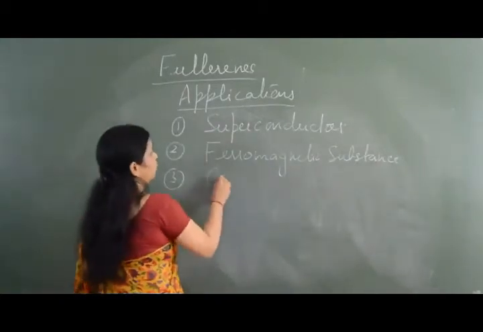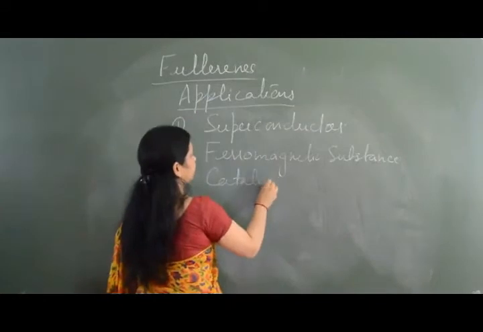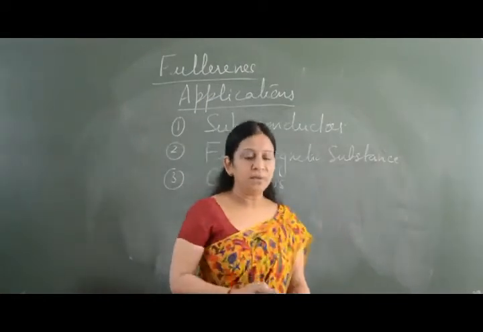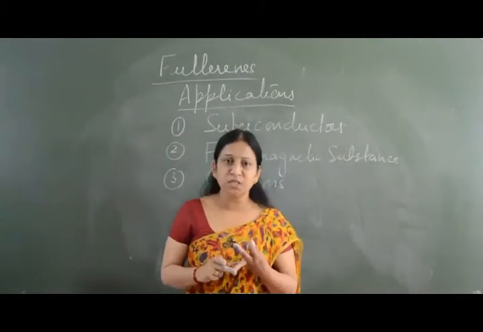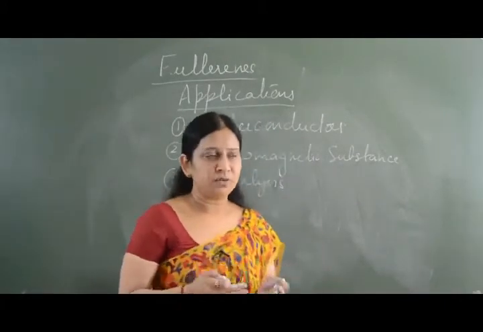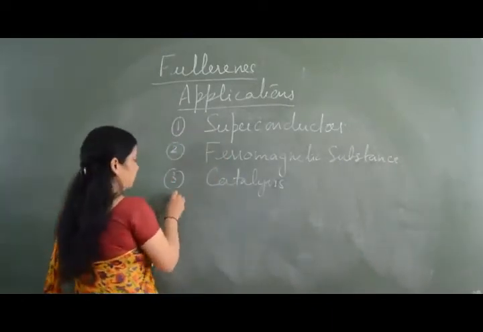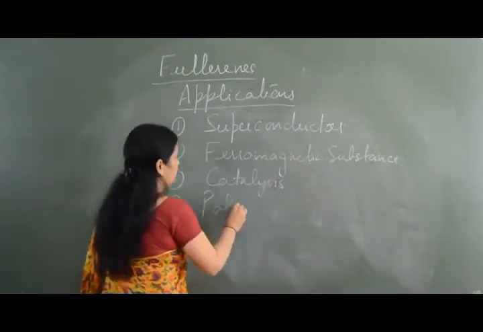Third, it is used in catalysis, for example, in homogeneous and heterogeneous hydrogenation reactions. In these reactions, it can be used as a catalyst. And fourth, it can be used in polymerization.